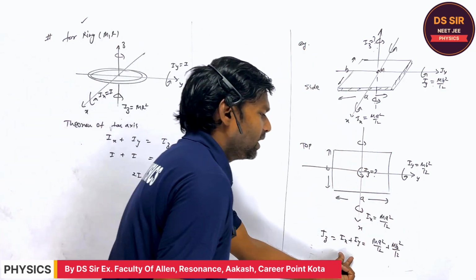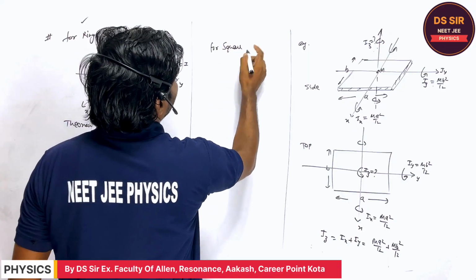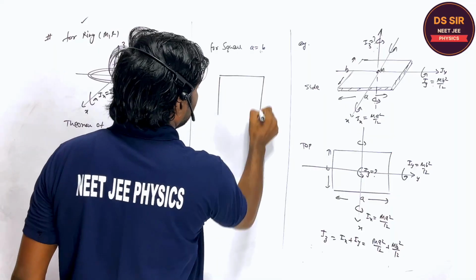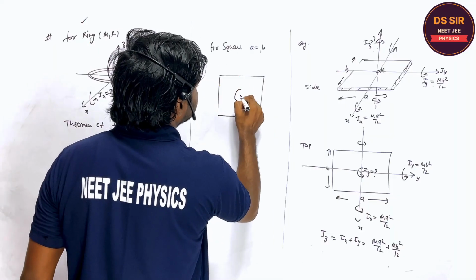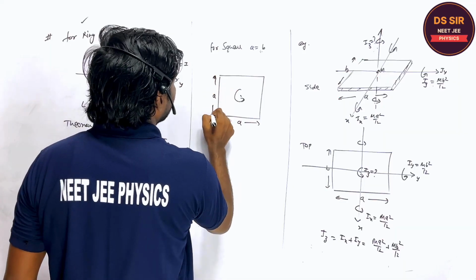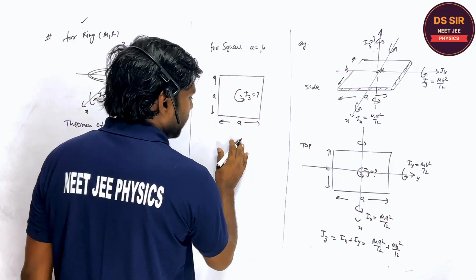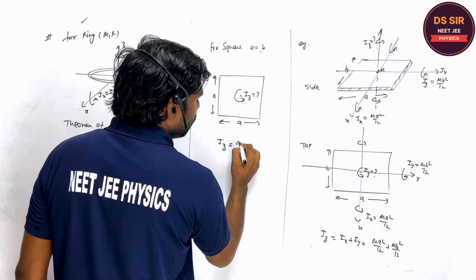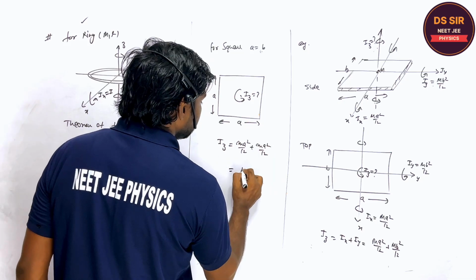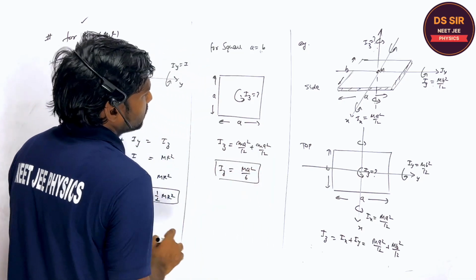The special case is the square. For a square, the sides A and B are equal. So what is the moment of inertia about this axis? Assume it is the Z axis. If A and B are equal, then Ma square by 12 plus Ma square by 12, the answer is Ma square by 6, which is the moment of inertia for a square.